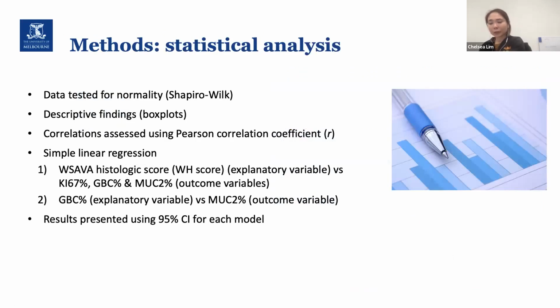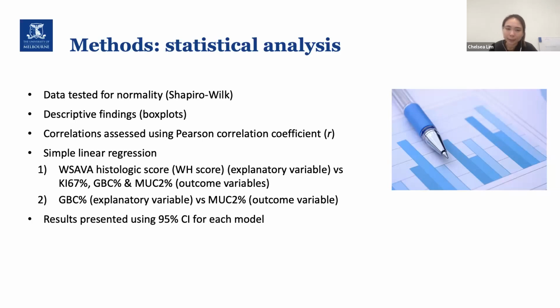Following which, the distribution of cell count data was evaluated for normality using the Shapiro-Wilk test, and descriptive findings were outlined using box plots, and Pearson correlation coefficient was used to evaluate the associations between variables of interest.